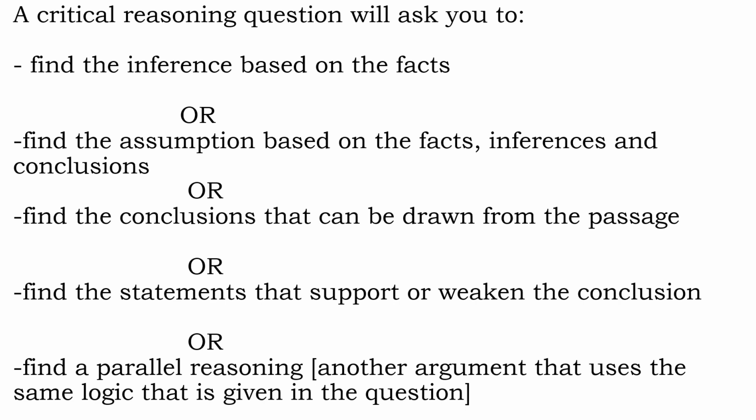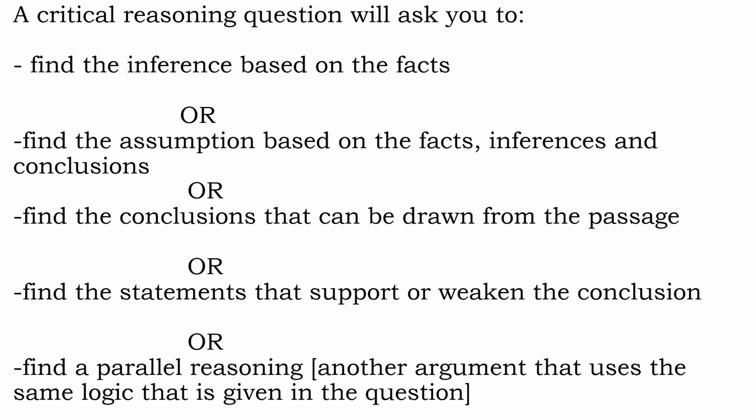There will be facts and conclusions given, so you have to find the inferences and the assumptions that are leading to the conclusions, or find the conclusions that can be drawn from the passage. In such questions, you will be given only the facts, and you have to make certain inferences and then certain assumptions, and out of the possible choices, find which conclusion is logically valid.